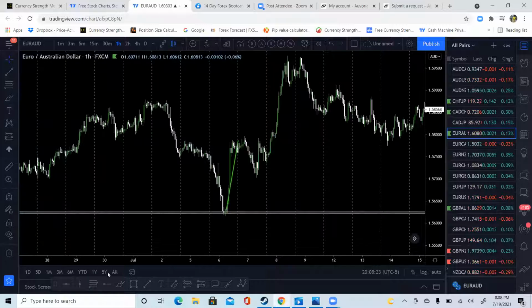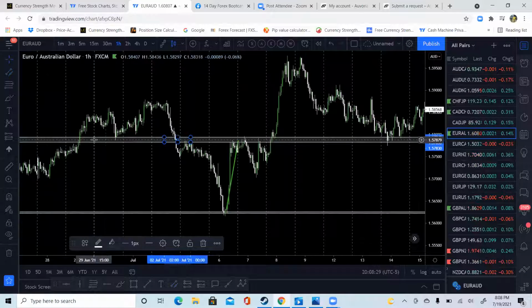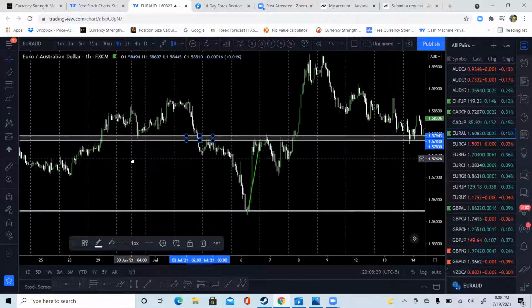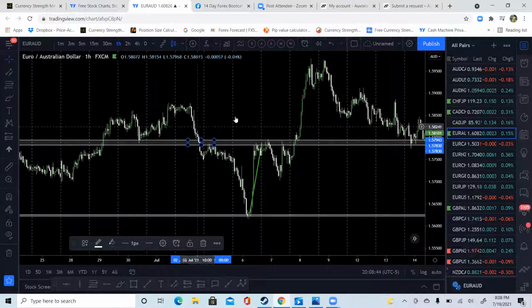Whereas this level here is a level where price likes to go and bounce off of and find and respect a lot. So it may not create as big of a move from it, but it's a solid wall where price respects.